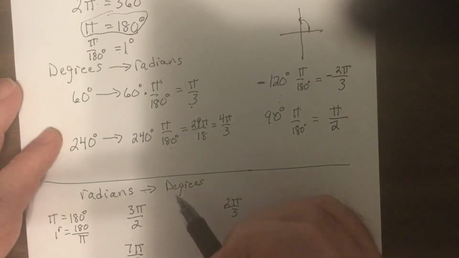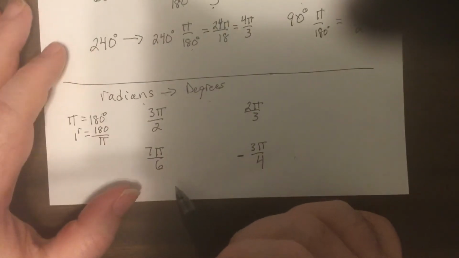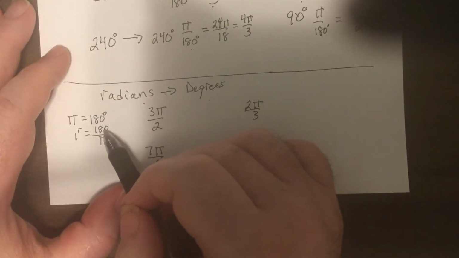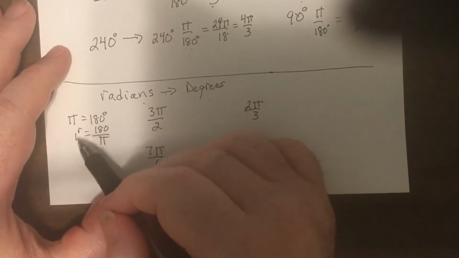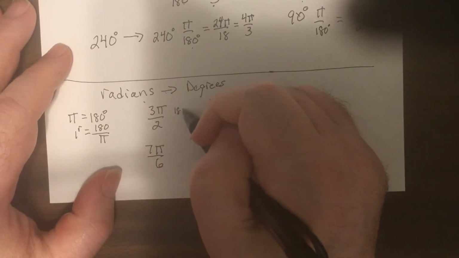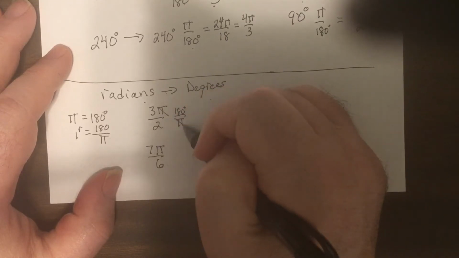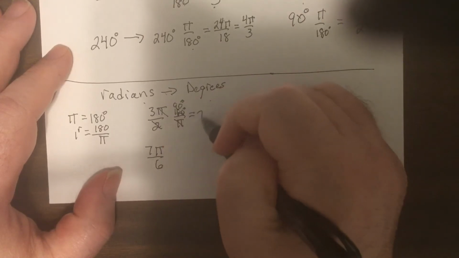Now, how do you change it from radians to degrees? Well, you could use the conversion factor, which if you divide both sides by pi to get 1 radian equals, you go 180 divided by pi, the pi's cancel. 2 goes into 180 90 times. 90 times 3 is 270.